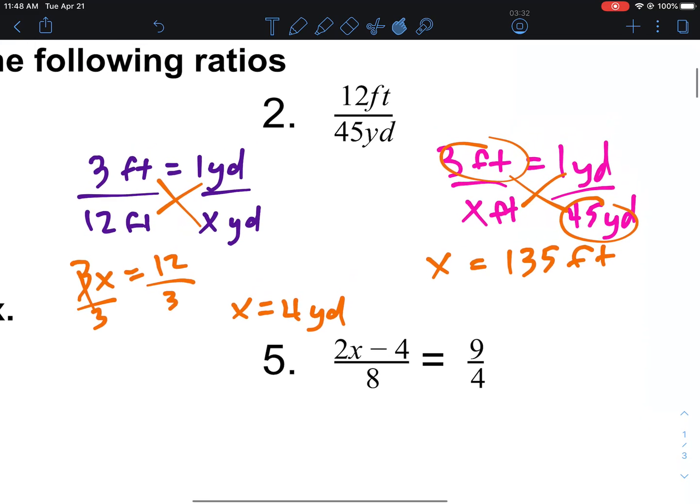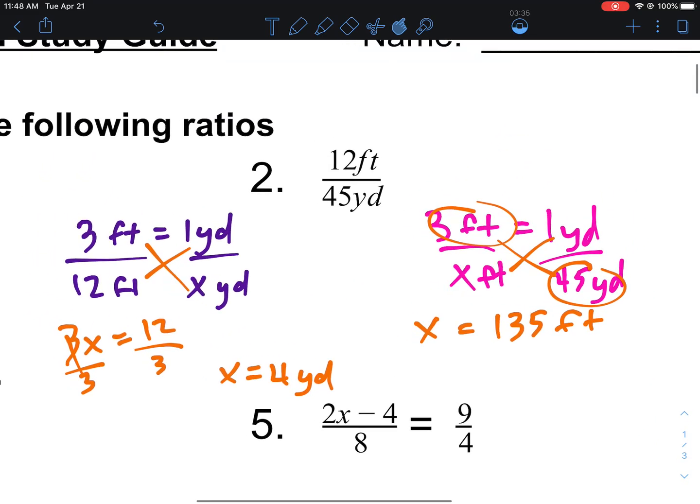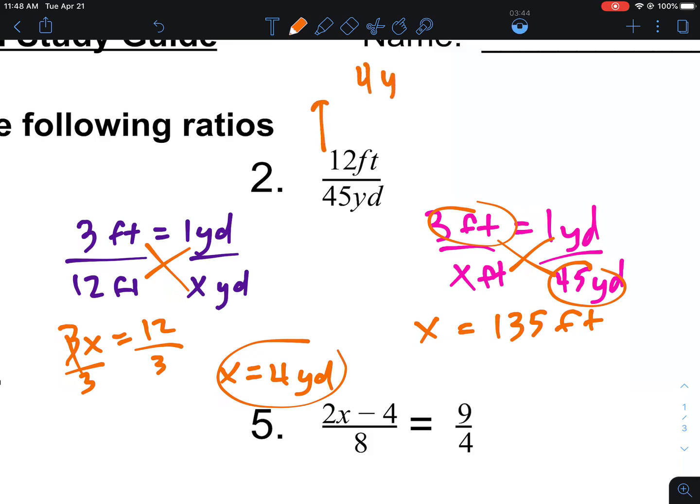I will say that you probably don't want your numbers to get too much bigger, because if you notice, 4 is a little bit easier to work with. 12 feet becoming 4 yards, 4 over 45 is smaller numbers. Whereas if you end up changing 45 yards into an even bigger number of feet, which is what we did here, then that fraction becomes 12 feet over 135 feet.